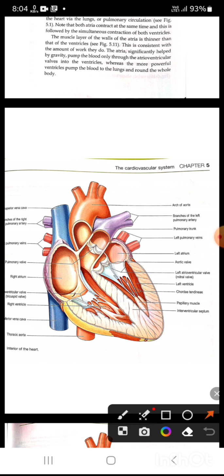From the left atrium, the oxygen rich blood came into the left ventricle through the mitral valve. This one is the mitral valve. Through the mitral valve, the oxygen rich blood came into the left ventricle.